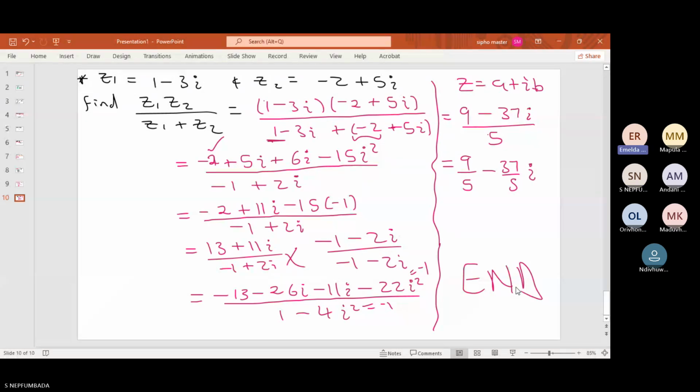So I know you said the y-axis is for the imaginary numbers, or the imaginary part of an equation. So I want to know, are we not supposed to write the numbers in terms of i?